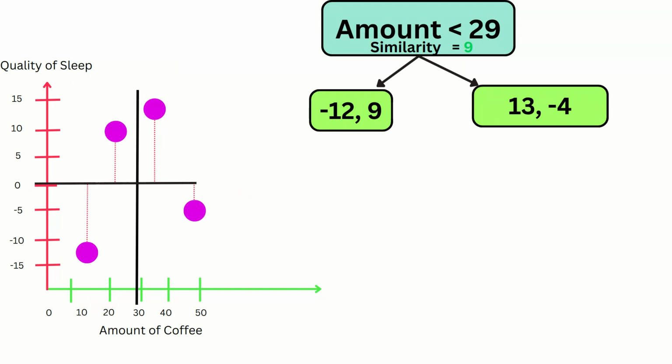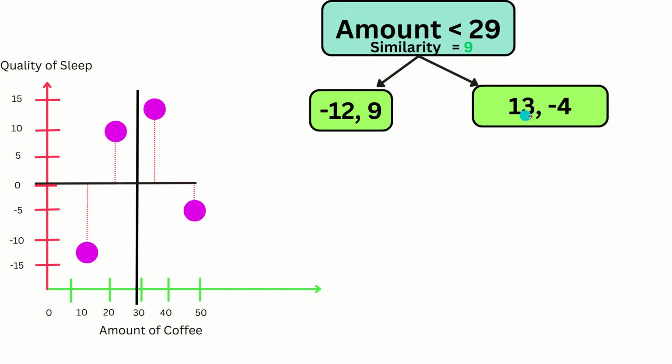Now we construct our new tree based on the new threshold. Residuals minus 12 and 9 are located on the left leaf as their observation values are less than 29, while values greater than 29 reside on the right leaf.